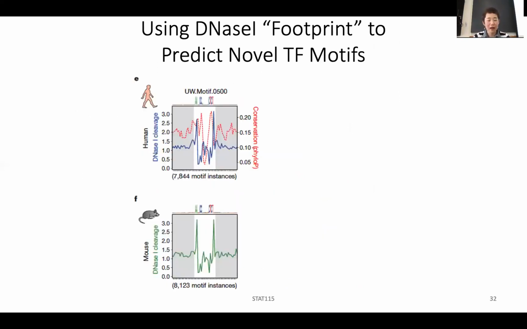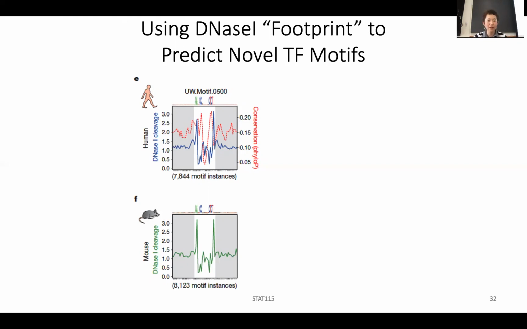And so this is a study that was originally published. They say, oh, see, there's a peak on the left and right and a gap in the middle. They say there's a transcription factor binding there. And they can see it not only in human, they also see the same sequence in mouse having this cutting. There must be a transcription factor binding in this location.